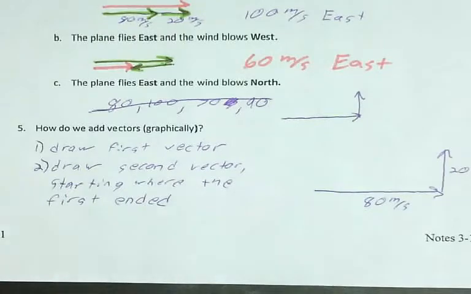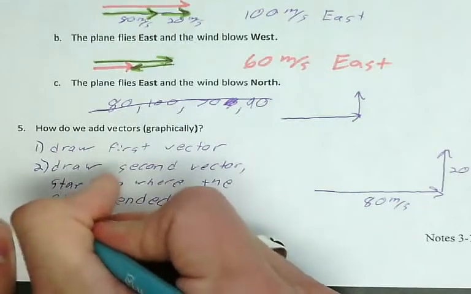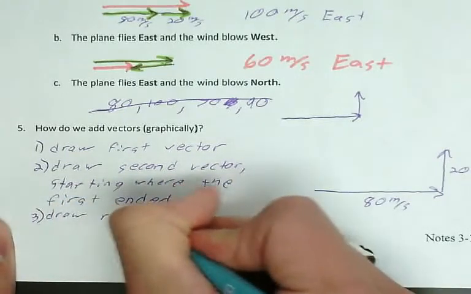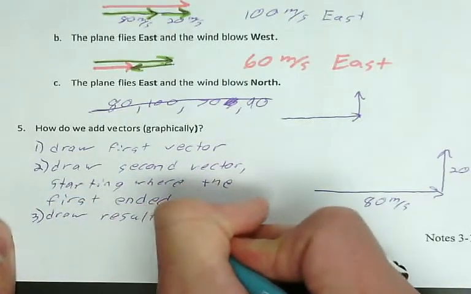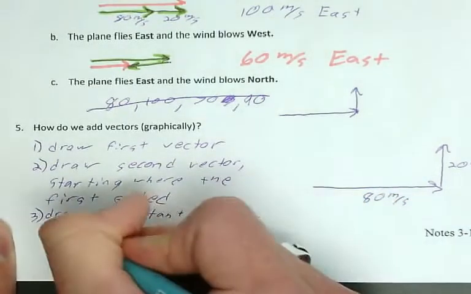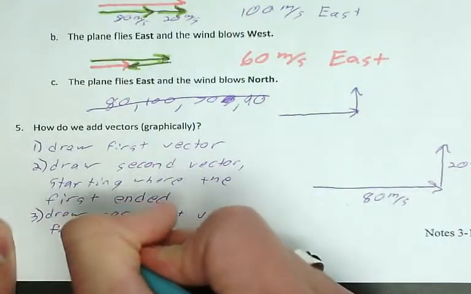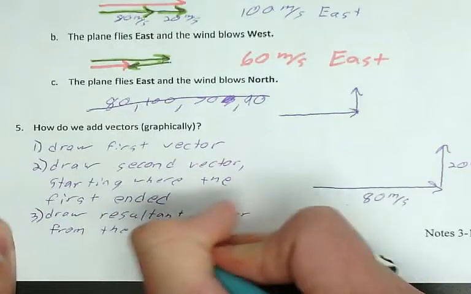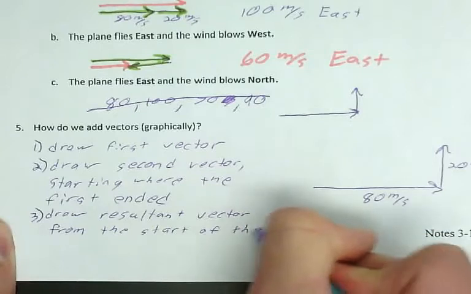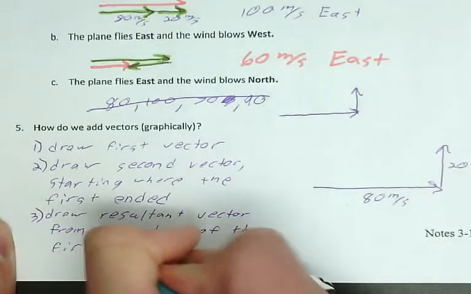And then lastly, we draw the resultant vector from the start of the first to the end of the second.